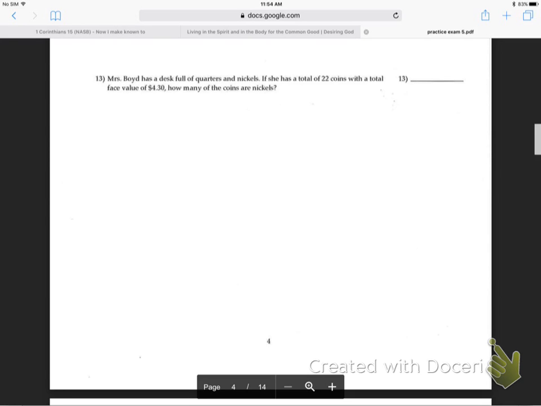So Q plus N equals 42. Quarter is 25 cents. Okay, show me how you do this that other way.